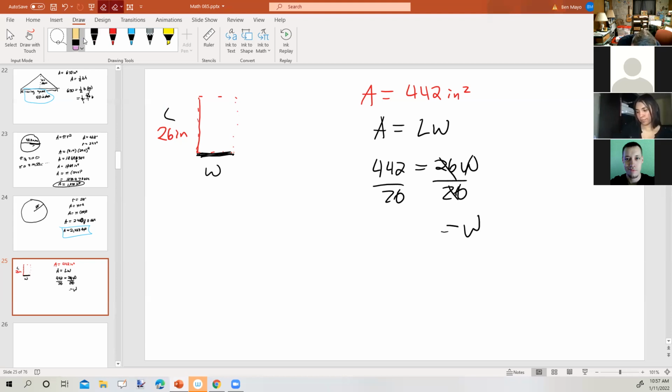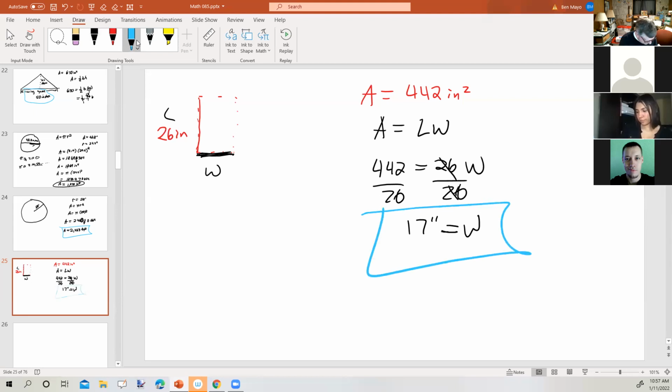Crossed out the wrong thing there. Let's see. 442 divided by 26 is 17 inches. So the width of home plate is 17 inches.